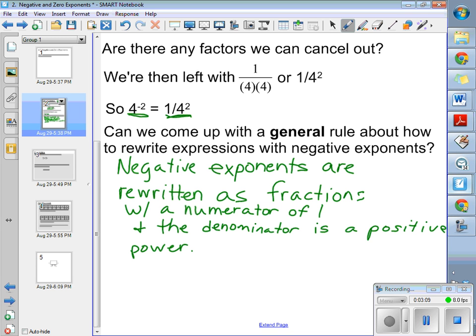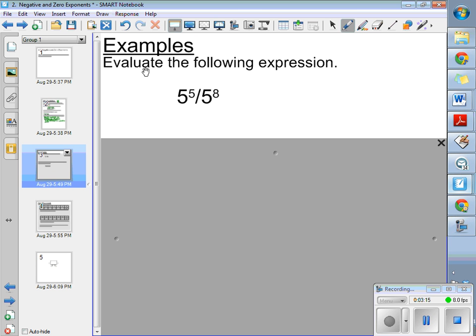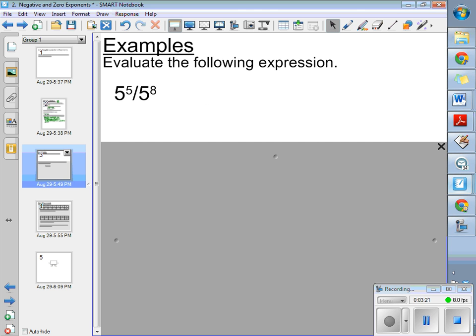Okay, so now let's practice this. We've got 5 to the 5th power over 5 to the 8th power. As we learned, we subtract our exponents.